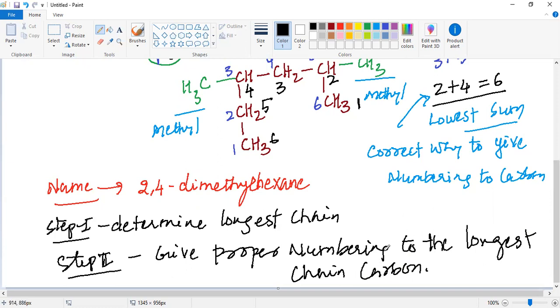So this is how we understand the first 2 steps, my dear students. Let us understand these first 2 steps with some more examples. Let me explain the first 2 steps with some more examples.